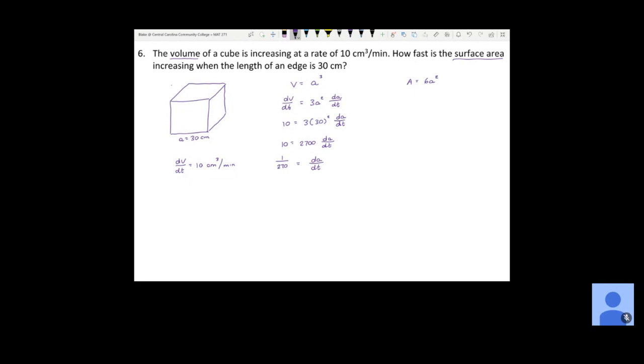So if we're looking for how fast the surface area is increasing, we can't substitute anything yet because we're not looking for an actual surface area.